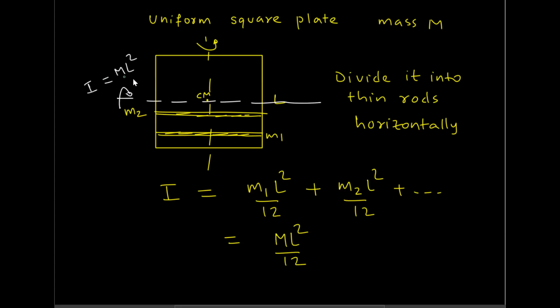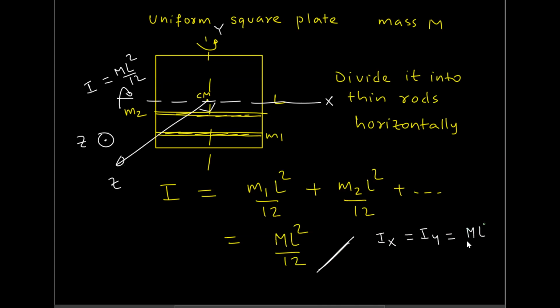Now think about this. Can I call this the x-axis and this the y-axis? So the z-axis is out of the board. Now I know Ix, I know Iy. Ix is equal to Iy is equal to M L square by 12.